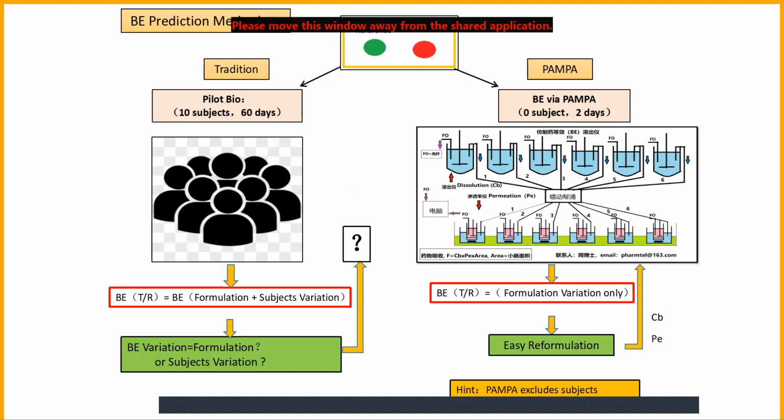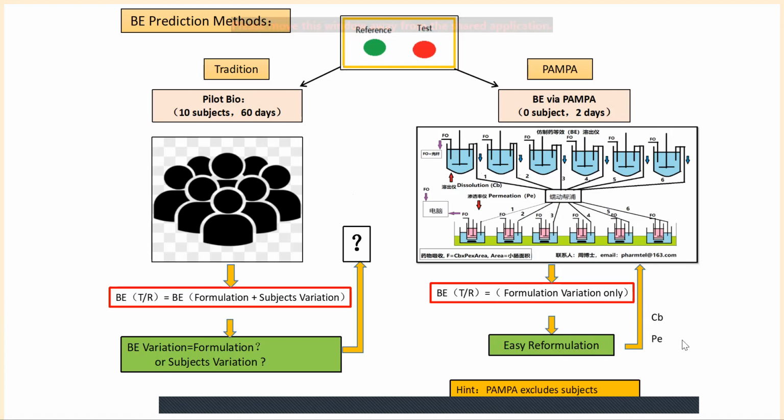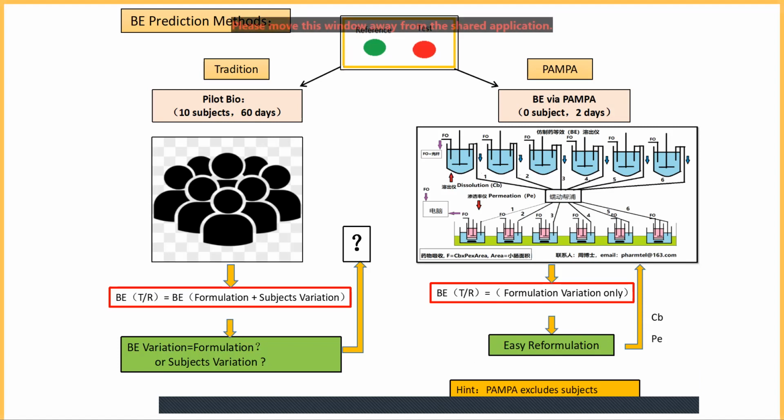So even when the formulation variation is detected with the parameter, you can do easy reformulation, right? So this is a much more convenient and more scientific way of doing drug formulation, right? Okay.